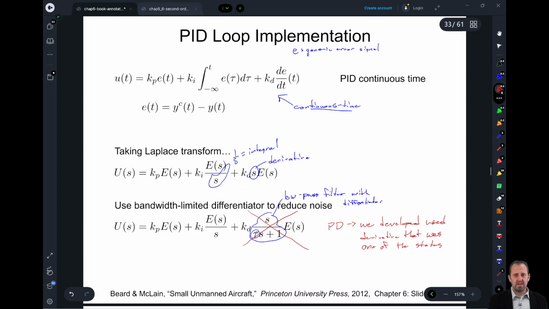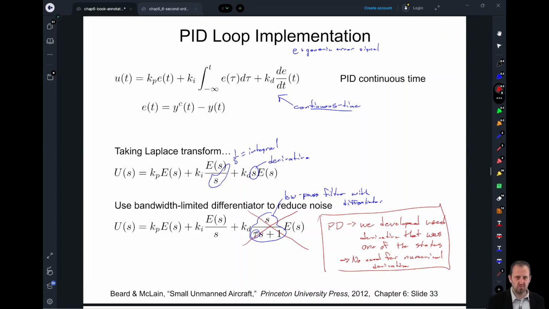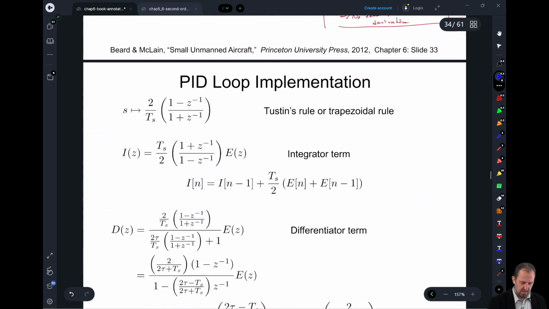So if you already have one of the states defined, then there's no reason to try to numerically differentiate. So in other words, no need for a numerical derivative. Okay, so keep that in mind. We already had the derivatives for us, so we don't need to design this band limited differentiator, although we do use one on the yaw filter.